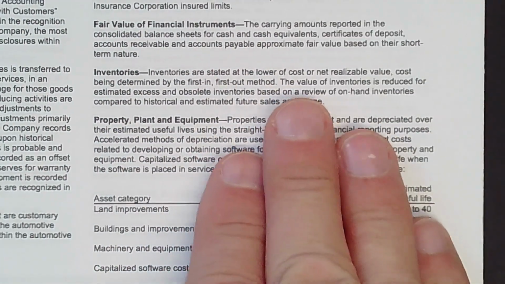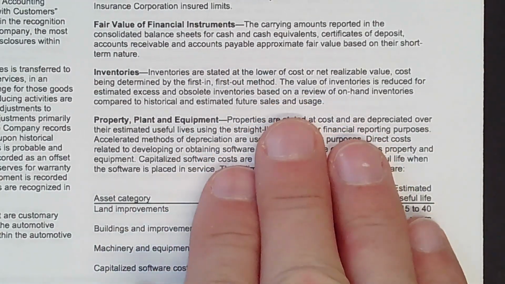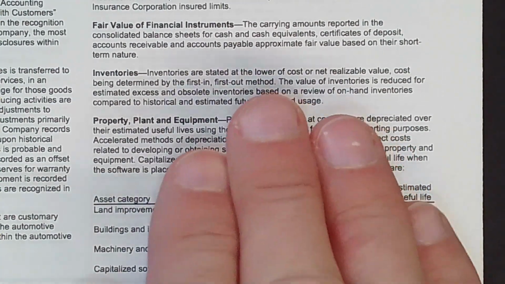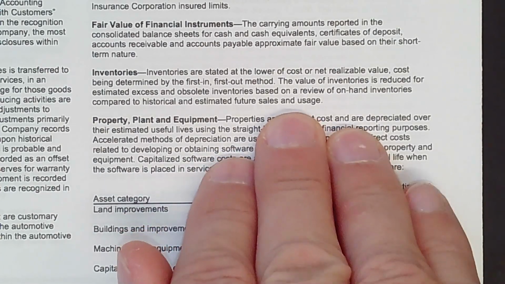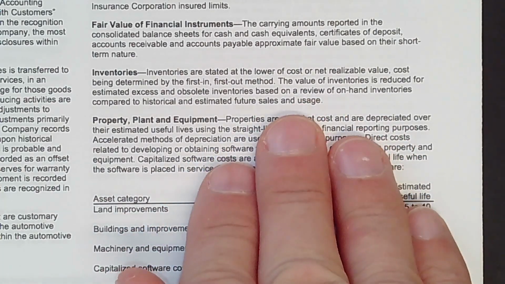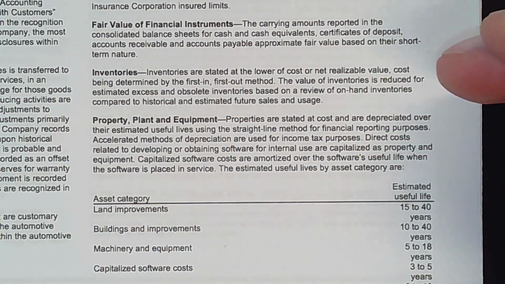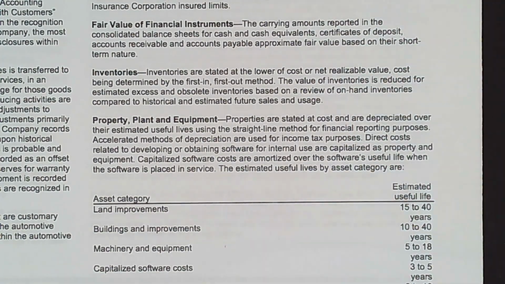So it's conservatism in accounting. You must write down your assets, but there are very limited circumstances where you ever get to write them up. So conservatism in accounting is we want the most conservative viewpoint in certain cases.